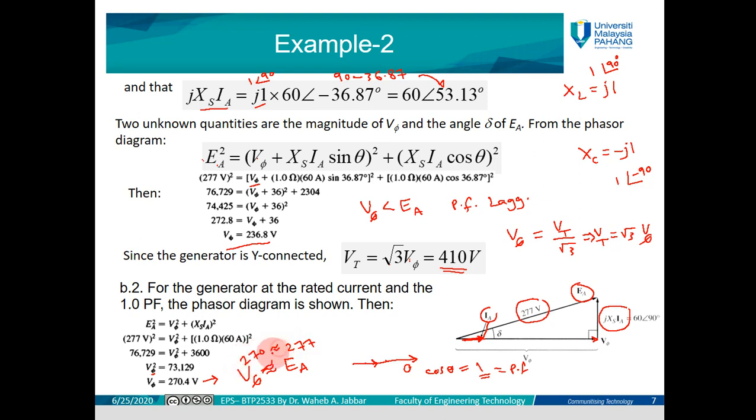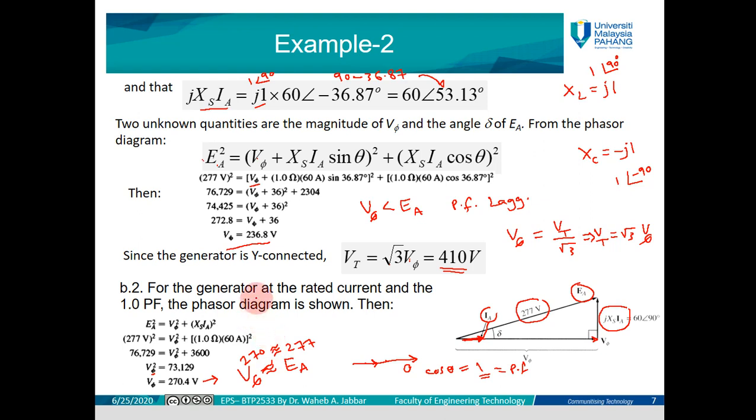So almost the same, near to each other, because the unity power factor will not affect the voltage of the generator. This is the ideal case, where you have power factor equal to 1, or your load is a pure resistive load. Okay, so this is the case of power factor equal to 1.